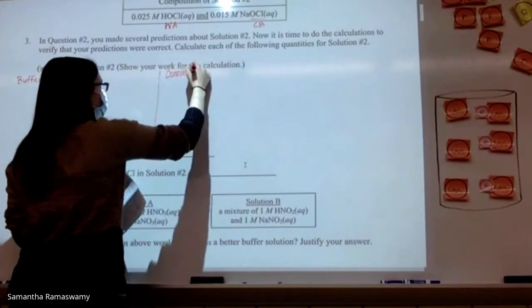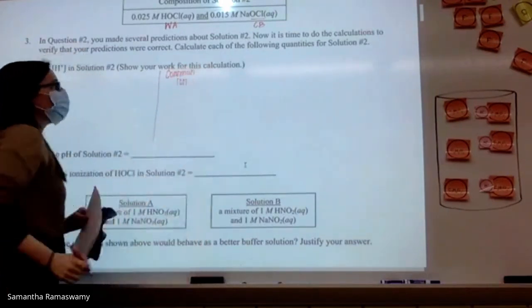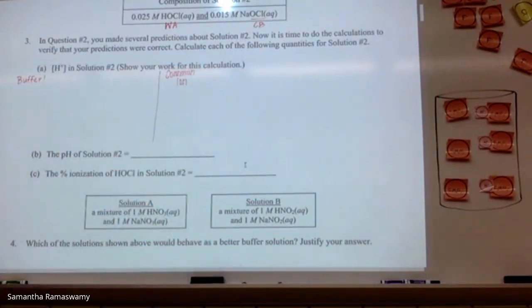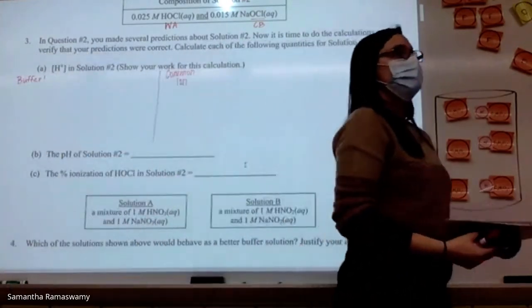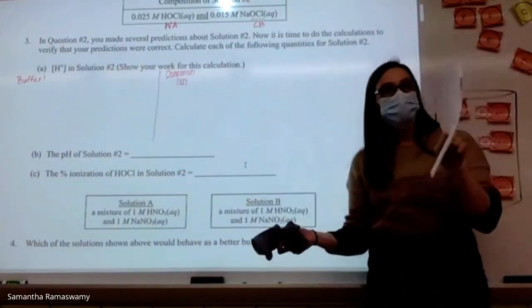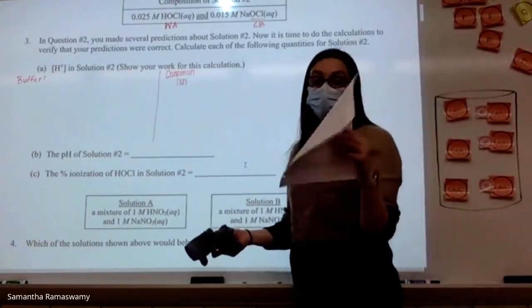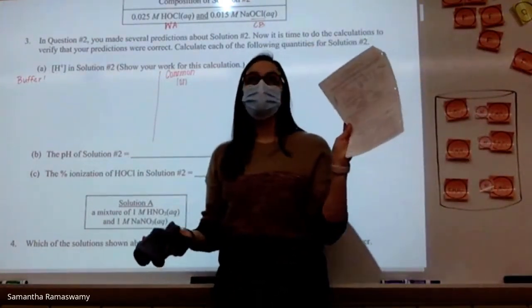I'm going to show the buffer equation because we're talking about buffers. But if you go back and look at the answer key, you're going to see that I actually solved both ways. You get the same thing. So let's use the buffer equation and solve for the H+ concentration in solution 2.